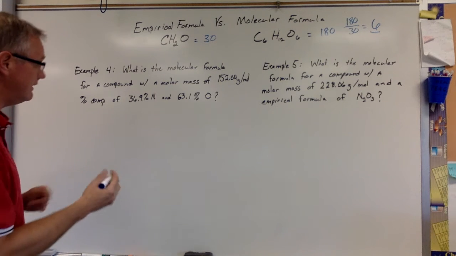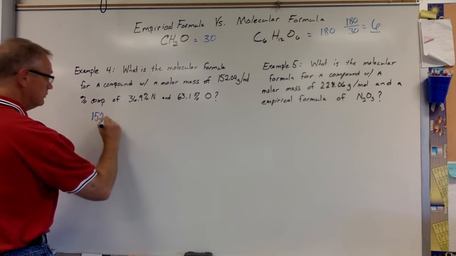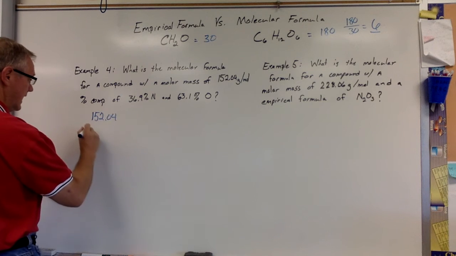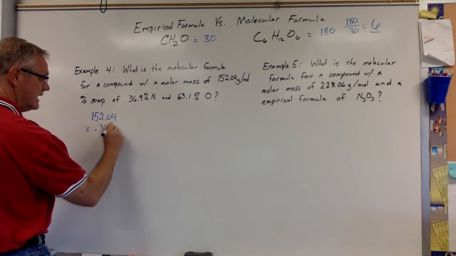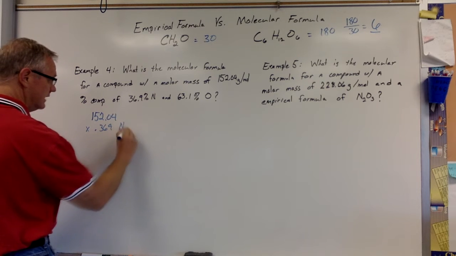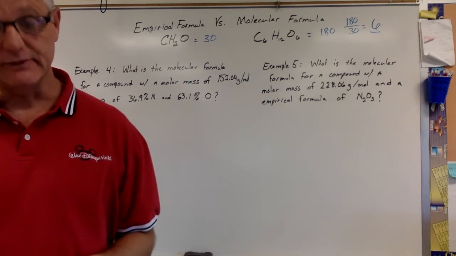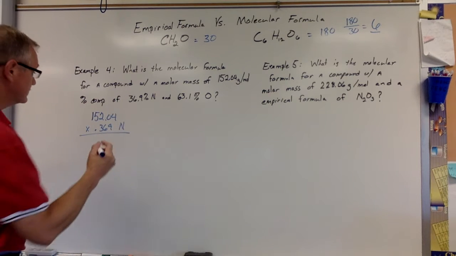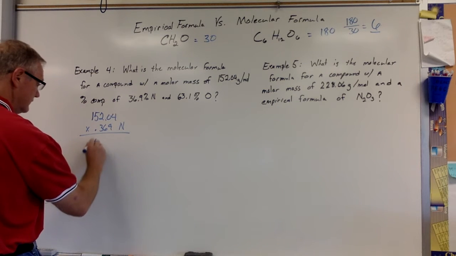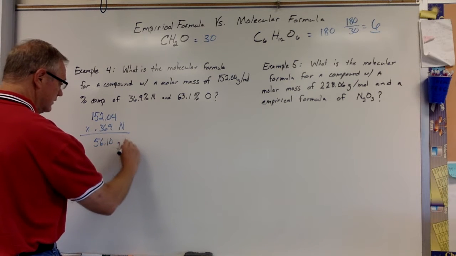So we're not going to change anything. If I am given 152.04, I'm going to multiply that by the 36.9% of nitrogen, and that will tell me how many grams of nitrogen would be contributed. And I'm going to get 56.10. So I'm going to put 56.10 grams of nitrogen.